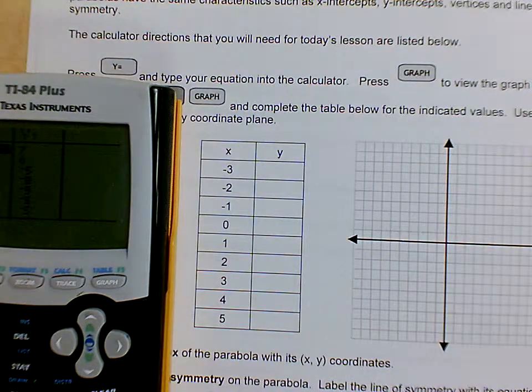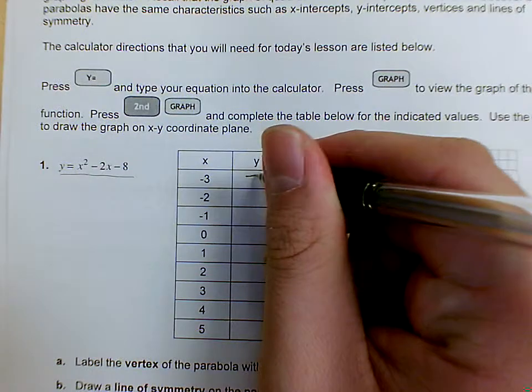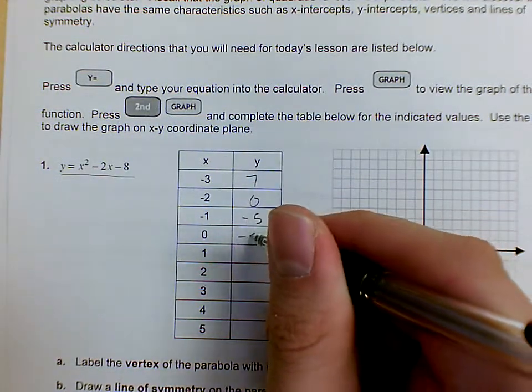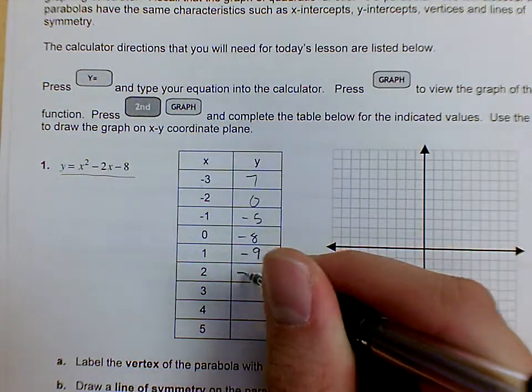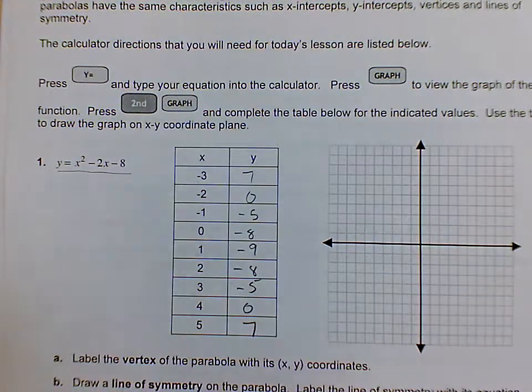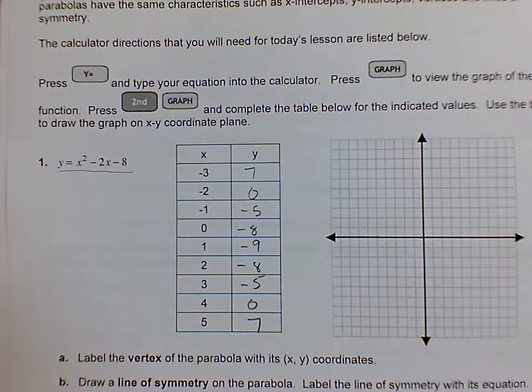So here you guys just copy down the table. So 7, 0, -5, -8, -9, -8, -5, 0, and 7. Perfect. Once we have that, we can start plotting the points.